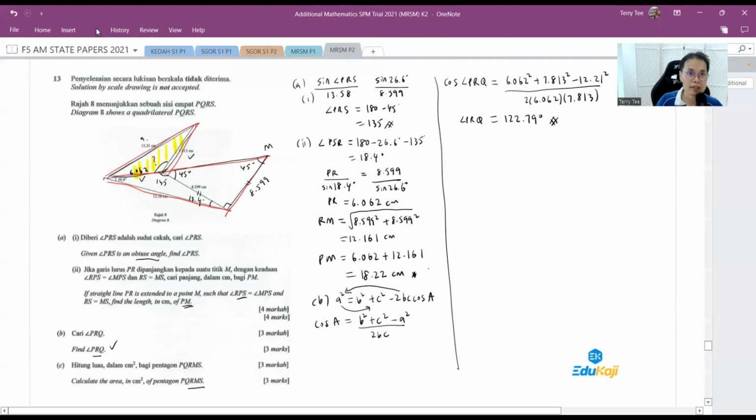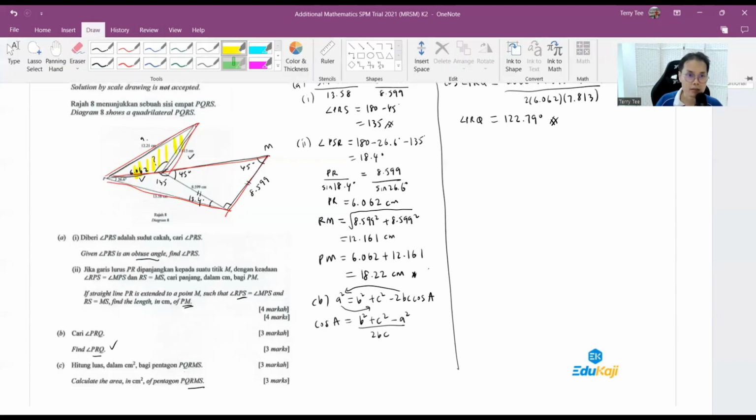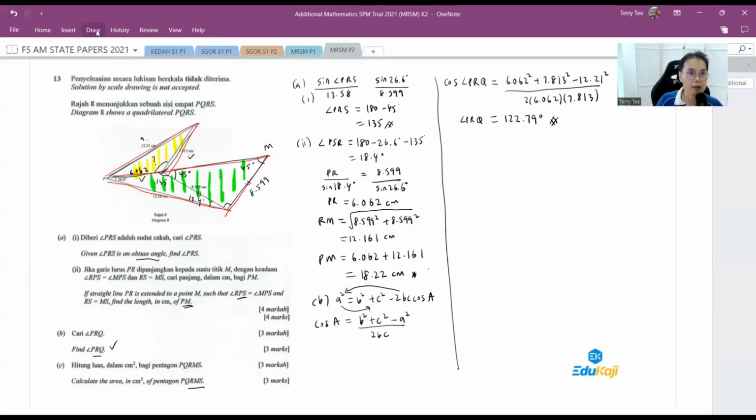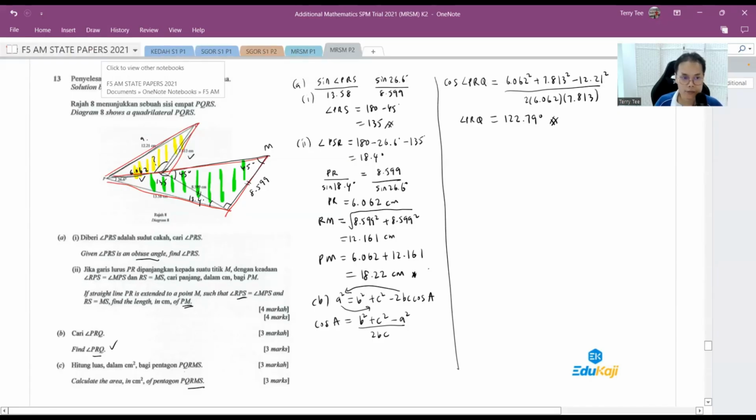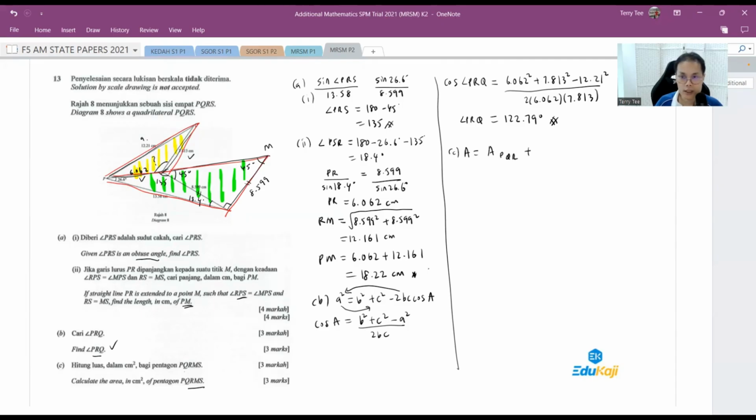And the second triangle is, let's say, this one, the whole thing. Now I already know the measurement and the angle here for the first one. So I'm going to use half ab sine C. For the first triangle, it will be triangle PQR. The second one will be triangle PMS.